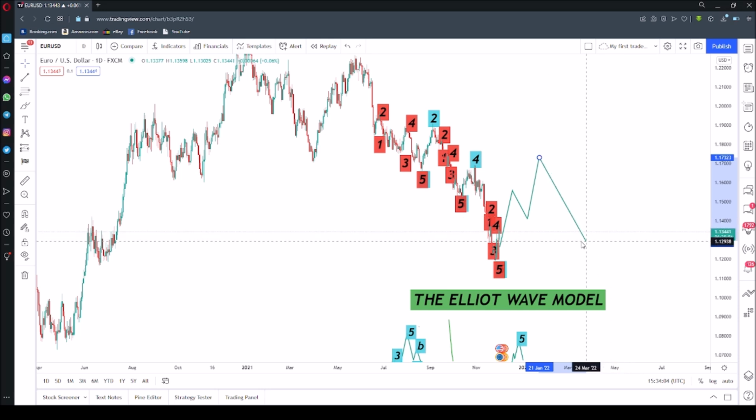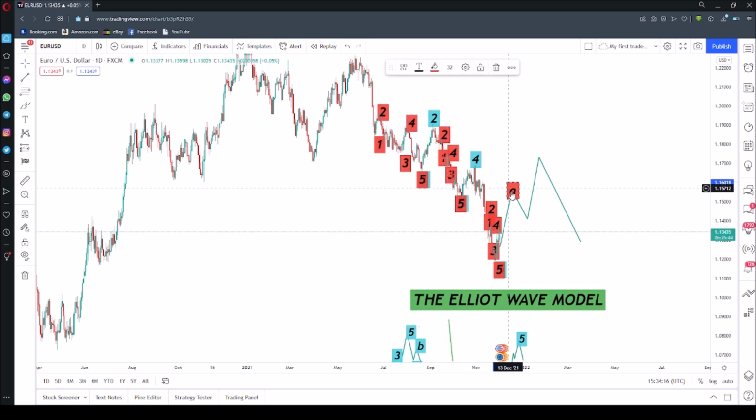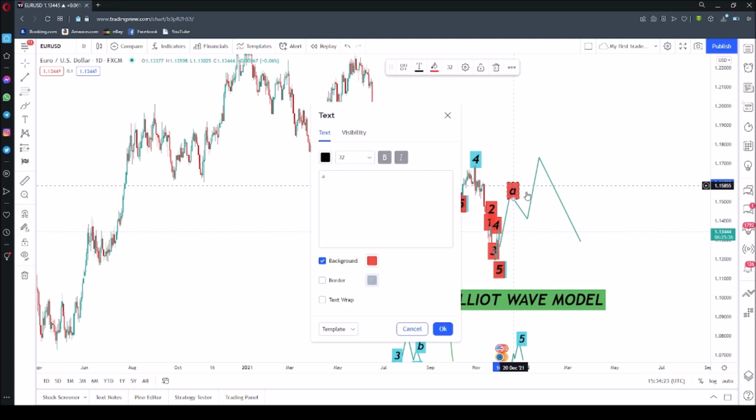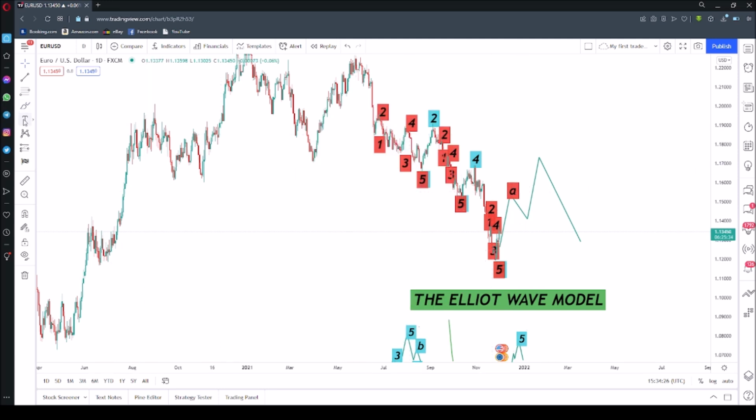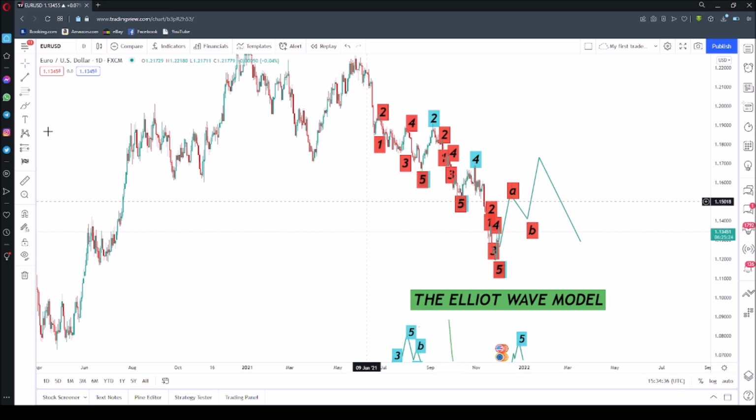Therefore, in our case, what we are anticipating to see is an A move on A's wave on the daily cycle, B, and then C.